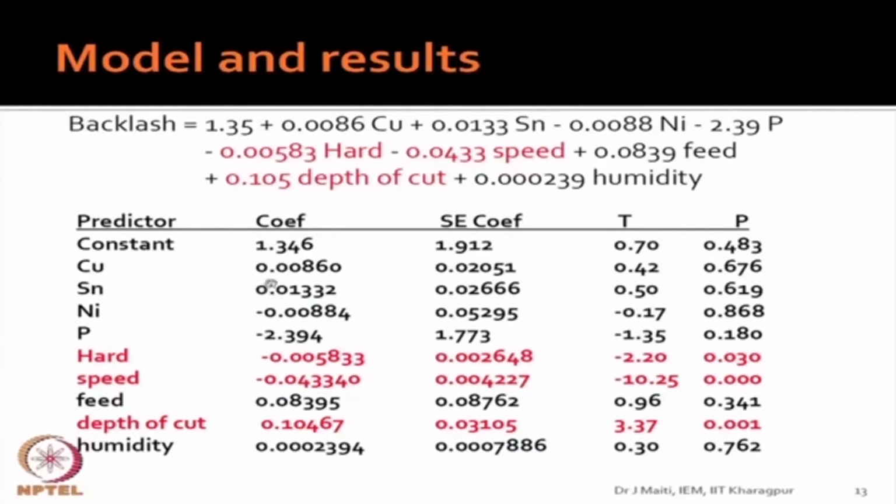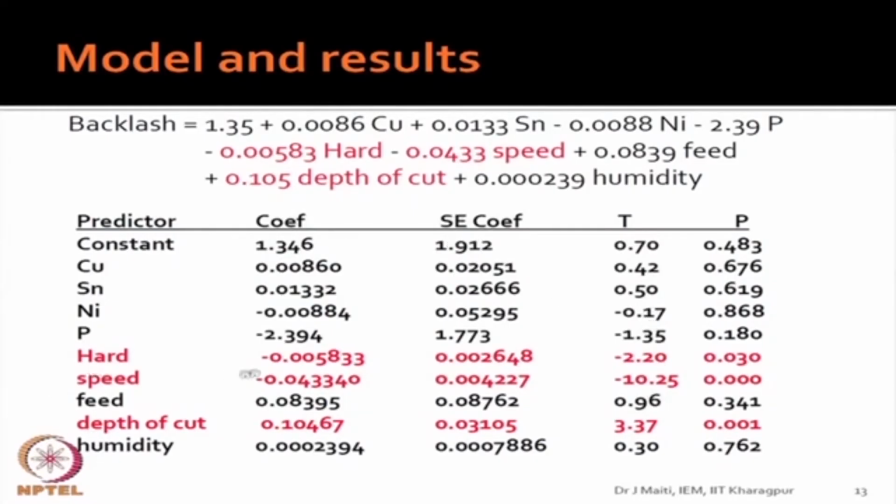You see the slide: the constant, copper, silicon and all the predictors, these are the beta values. This is the standard error, SE square into the corresponding value of the x transpose x inverse matrix. The t value is nothing but coefficient by standard error.